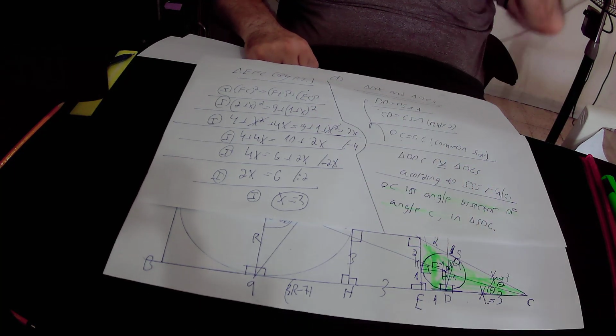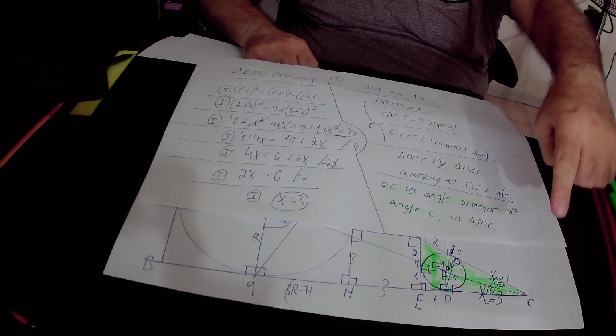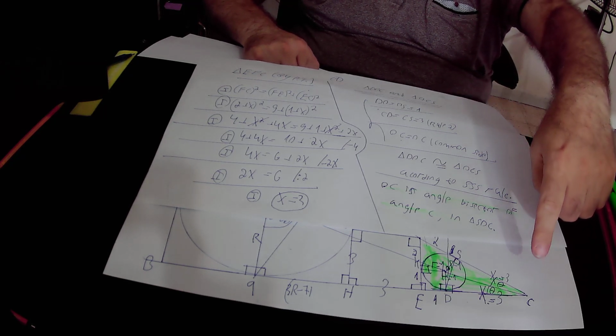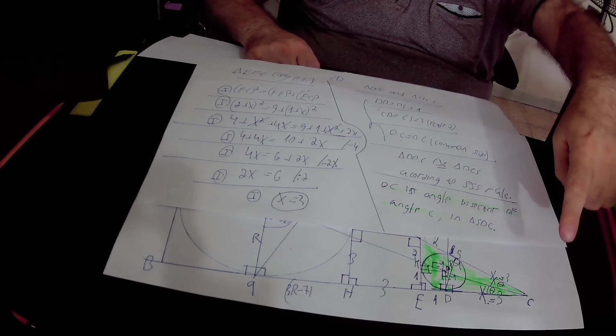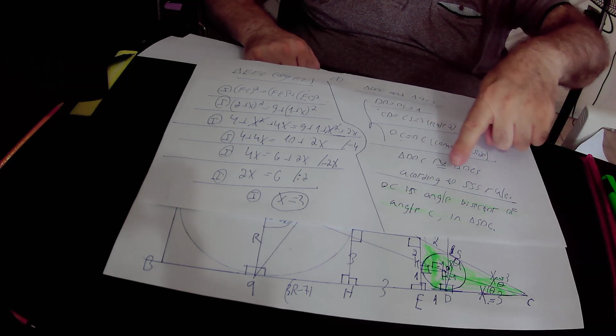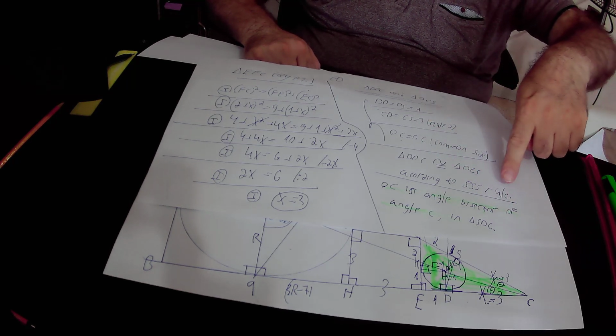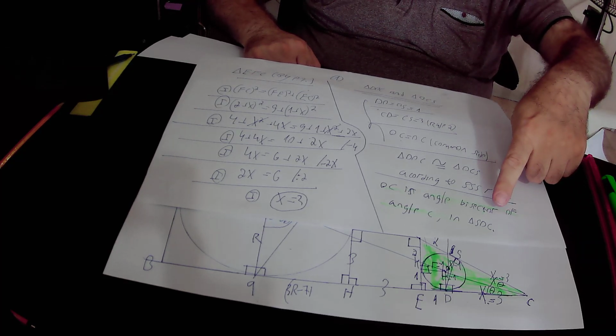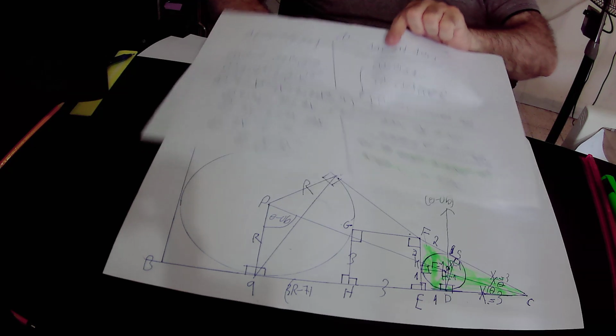Then we find that OC is the angle bisector of angle C in triangle SDC.